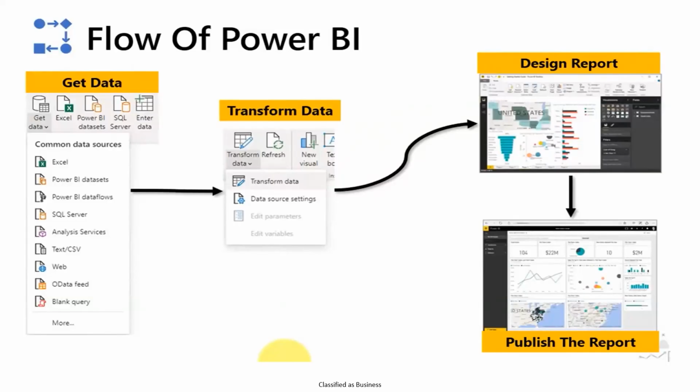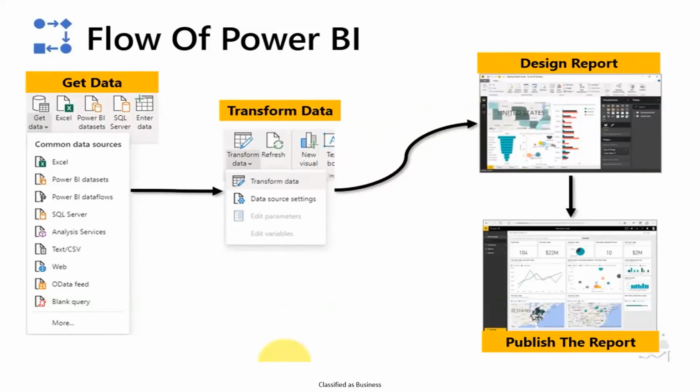Once it gets extracted, we have to clean it up by using Transform Data. There is a little down arrow on the Transform Data part. Click on Transform Data. It will navigate you to one more window called Power Query Editor. There we are going to perform the data transformation activities, like data cleansing activities.